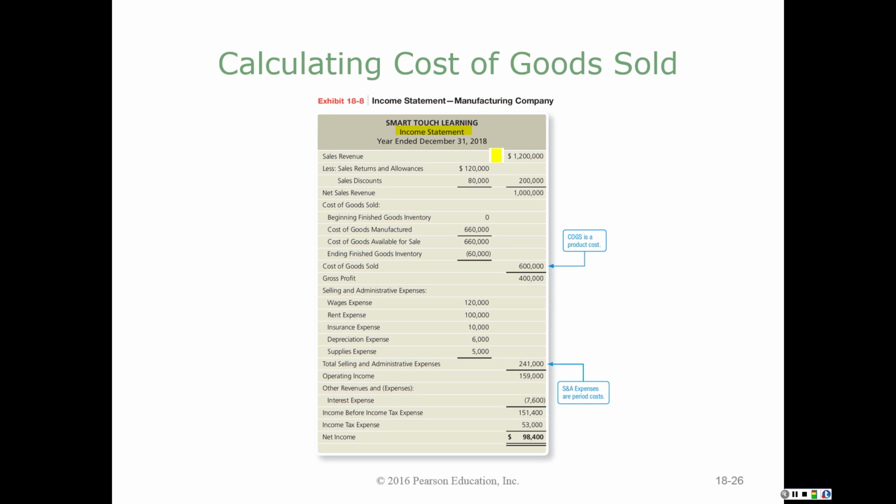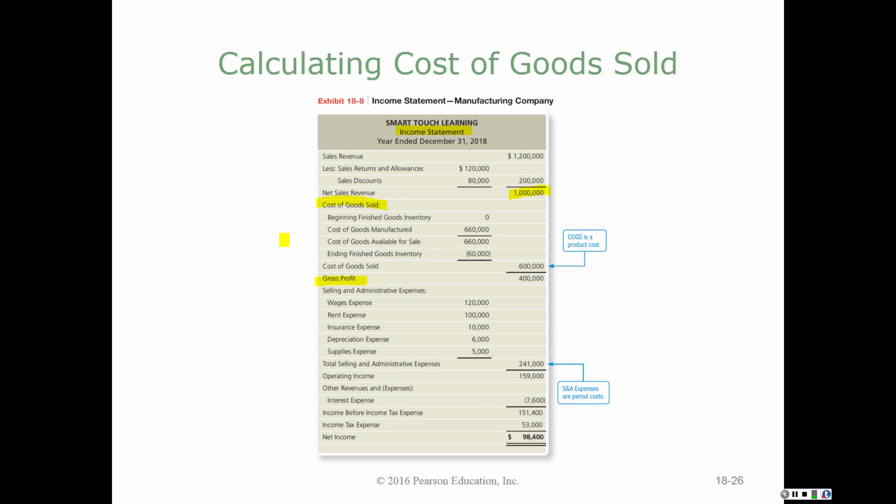And we want to subtract from our sales revenue, which is reduced by any returns and allowances or discounts. So we have our net sales revenue, and we want to subtract cost of goods sold. But how do we come up with cost of goods sold in order to get to gross profit? Well, there is a formula that we can use, and if you've paid attention earlier, you will see that we're using this formula over and over again.